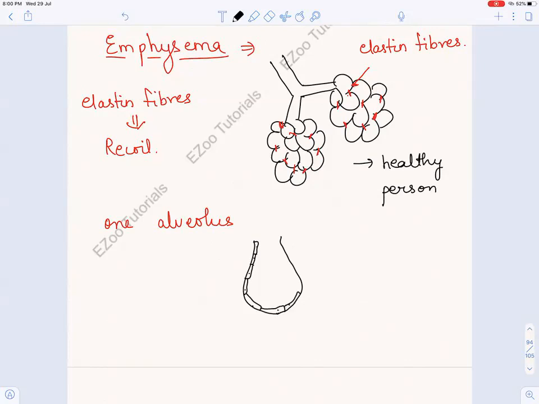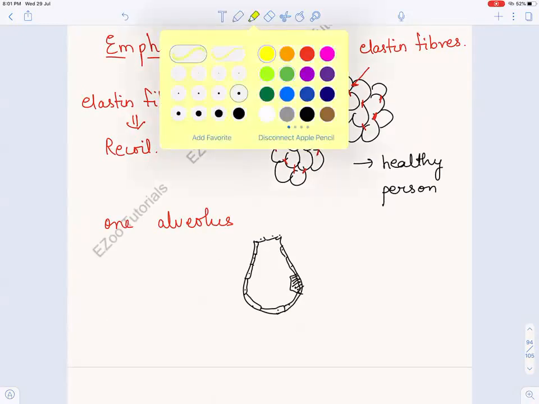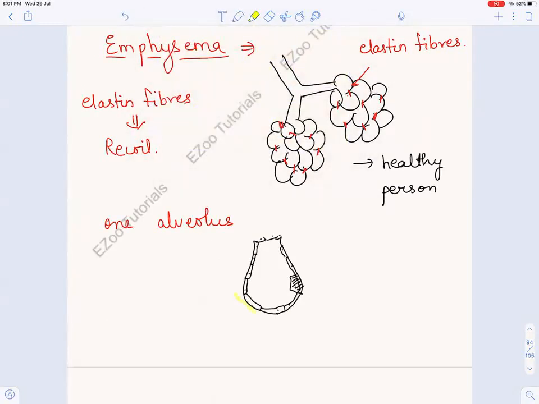Why single layered? So that the easy diffusion of gases can take place. Some are known as surfactant cells. And this is the basement surface or basement membrane, you can say.